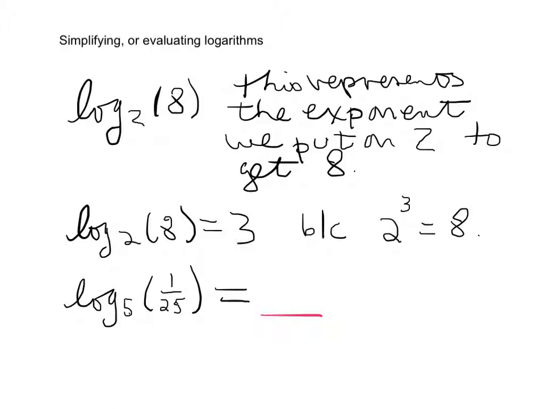If you think about that and you remember your rules of exponents, you're going to get minus 2. That's because 5 to the minus 2, which means 1 over 5 squared, is equal to 1 over 25.